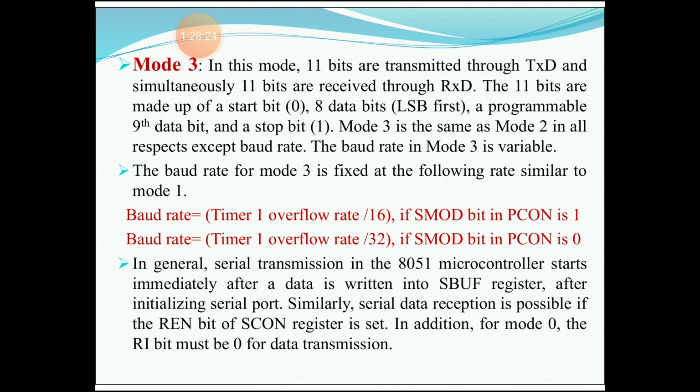The baud rate in mode 3 is variable, similar to mode 1: baud rate equals timer 1 overflow rate by 16 if the SMOD bit equals 1, and timer 1 overflow rate by 32 if the SMOD bit equals 0 in the PCON register.